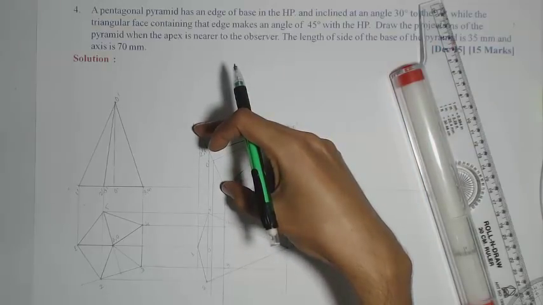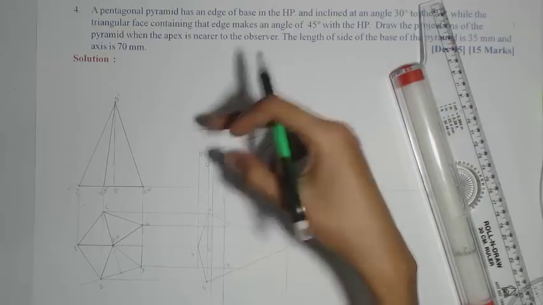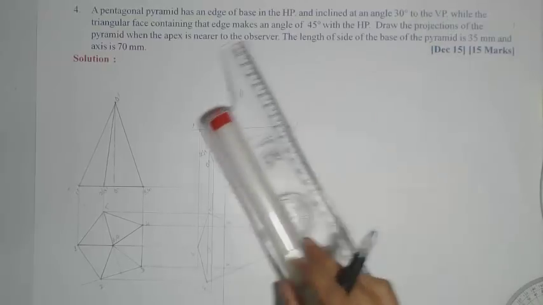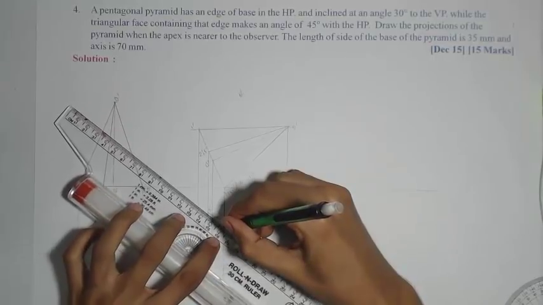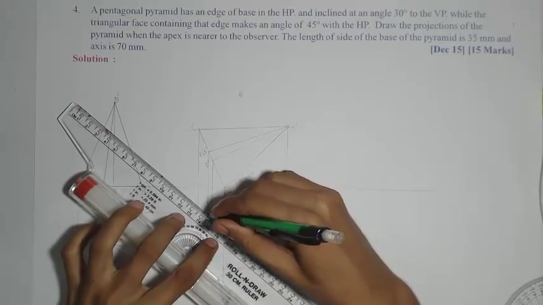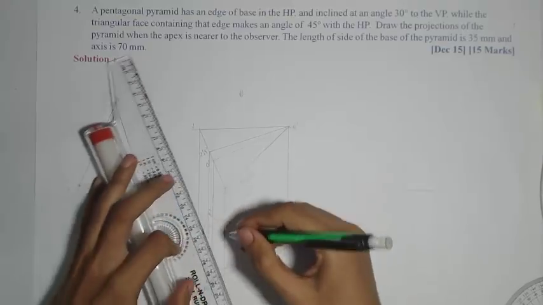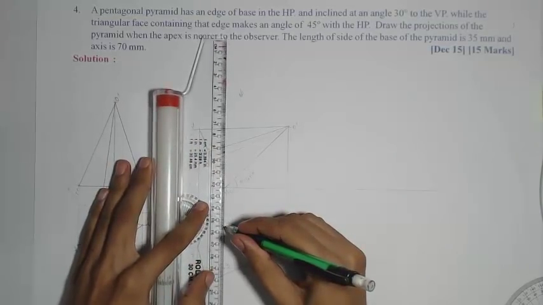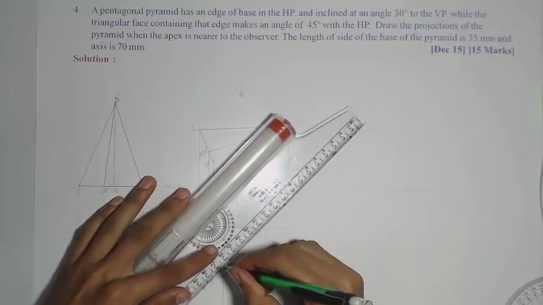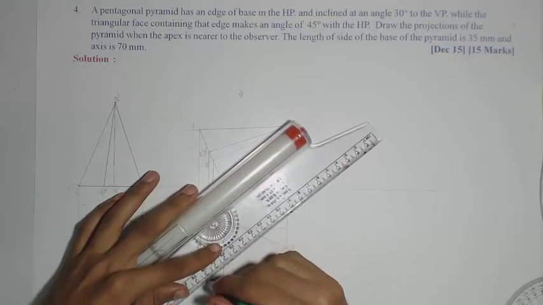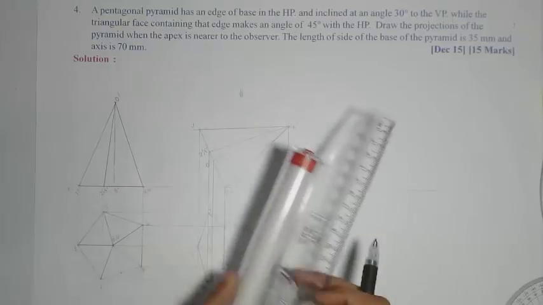The entire base is not visible to the observer, but out of that 2 edges are lying on the boundary. So the remaining edges I need to mark dotted because they are not visible to the observer. So 4' 5', 4' 3' and 3' 2'. So we have finished all 5 edges of the base.